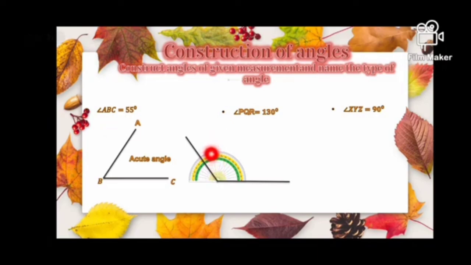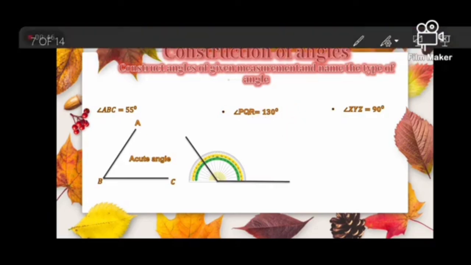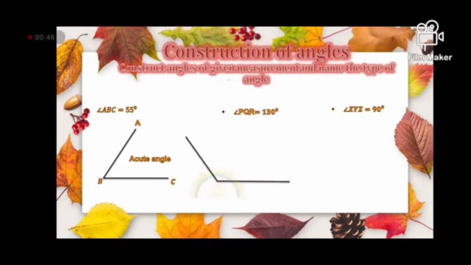Then 100, 110, 120 and 130 degree. This is an angle of 130 degree, and you know 130 is greater than 90 degree. So which type of angle is this? The name of the angle is PQR, and it is an obtuse angle because it is greater than 90 degree.